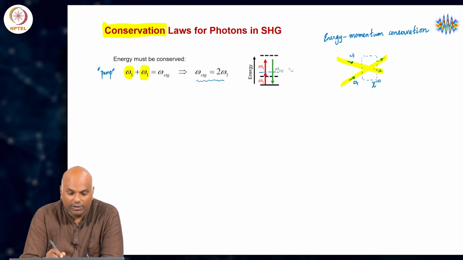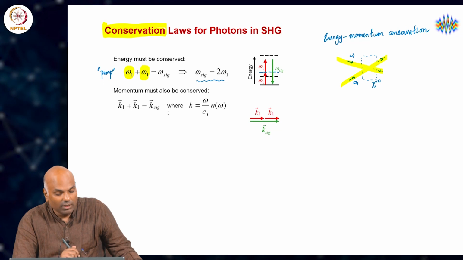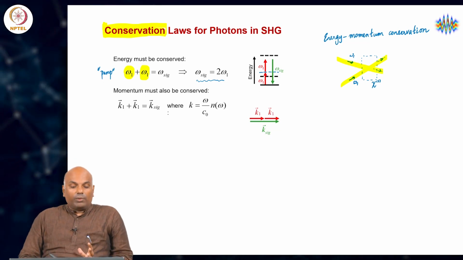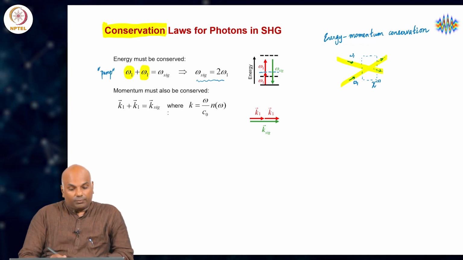So, second harmonic generation is essentially energy conservation, but then momentum also must be conserved, isn't it, for the beam.